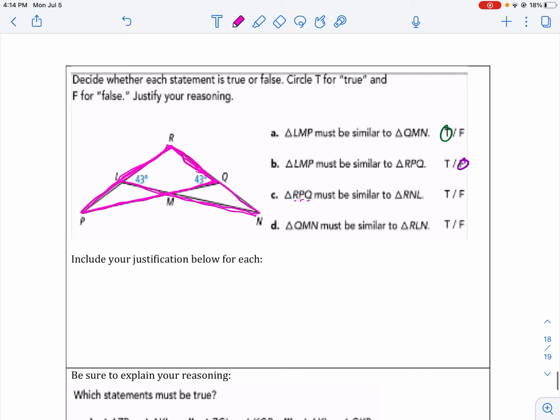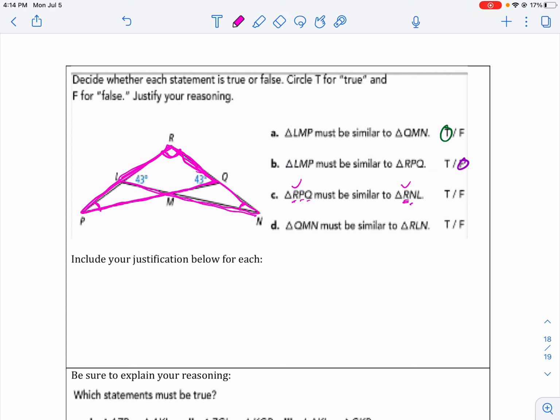So what this tells me, R is in both, right? This tells me that angle R is equal to angle R. That is true, okay? So check. Angle R is equal to angle R. Then P down here has to be the same as angle N right down there.